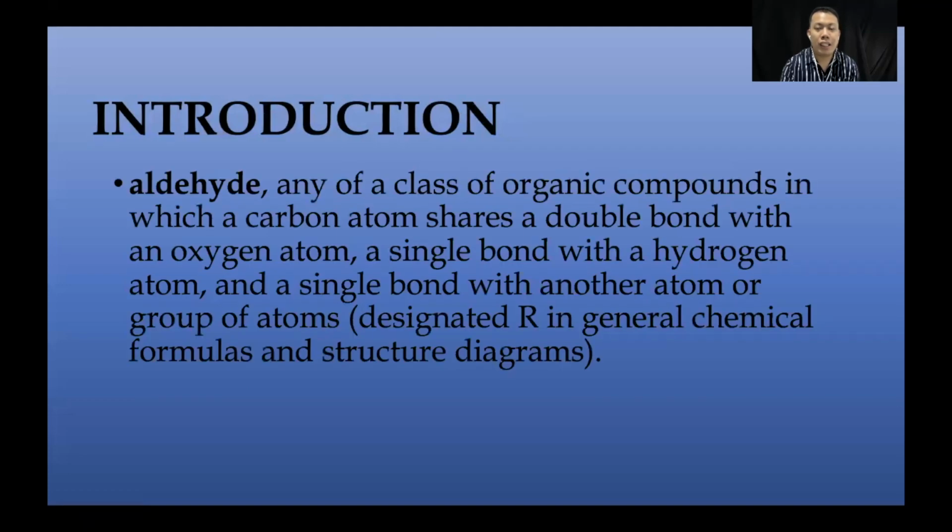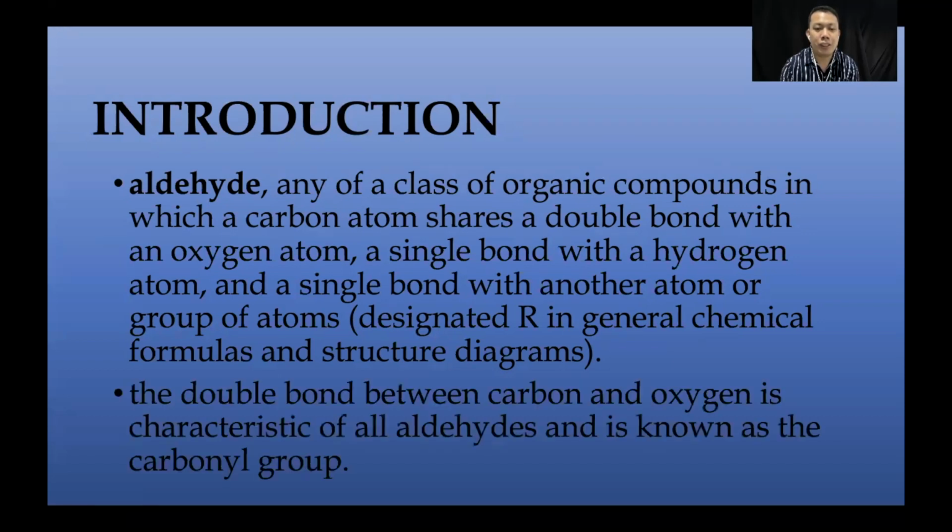Aldehydes are any of a class of organic compounds in which a carbon atom shares a double bond with an oxygen atom, a single bond with a hydrogen atom, and a single bond with another atom or group of atoms, designated as R in general chemical formulas and structure diagrams.